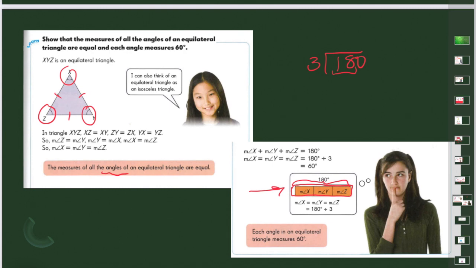So when divided into 3 equal groups, we get 60 degrees. So each angle measure in an equilateral triangle is 60 degrees. Always. It's a rule. So each angle in an equilateral triangle measures 60.